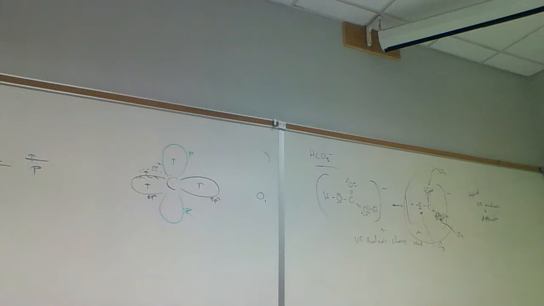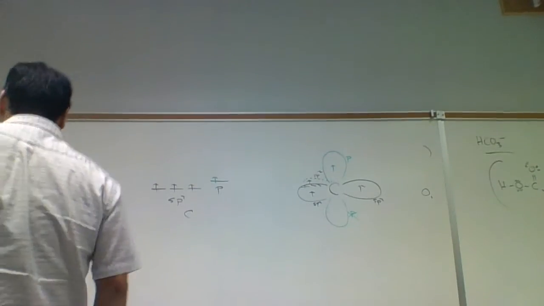This is carbon. Then we have oxygen 1. Oxygen 1 is sp2. And then there's an unhybridized p. This is oxygen 1. How many electrons does oxygen 1 have? 6.